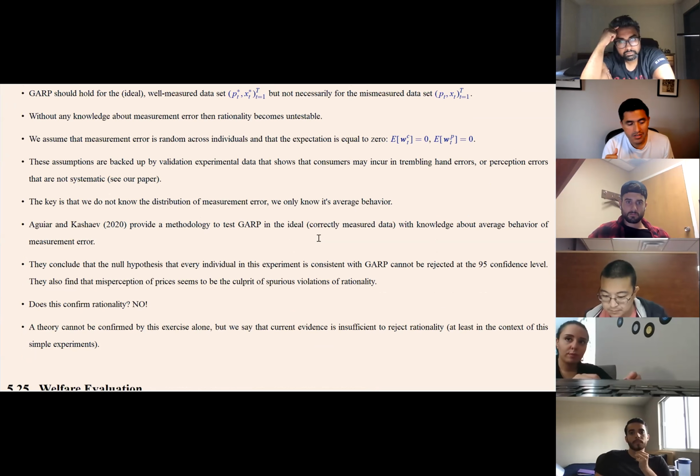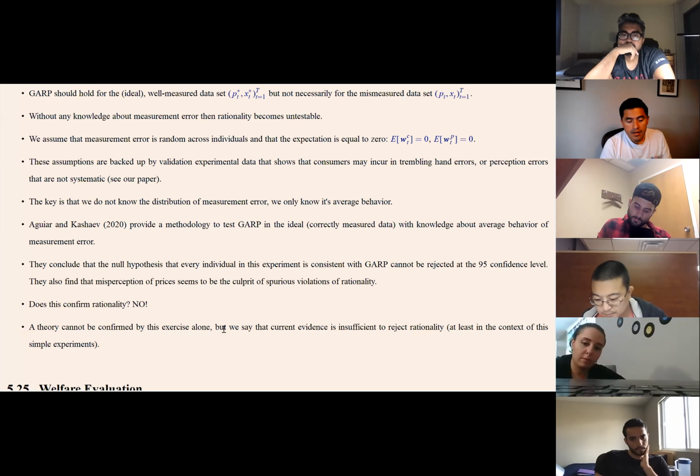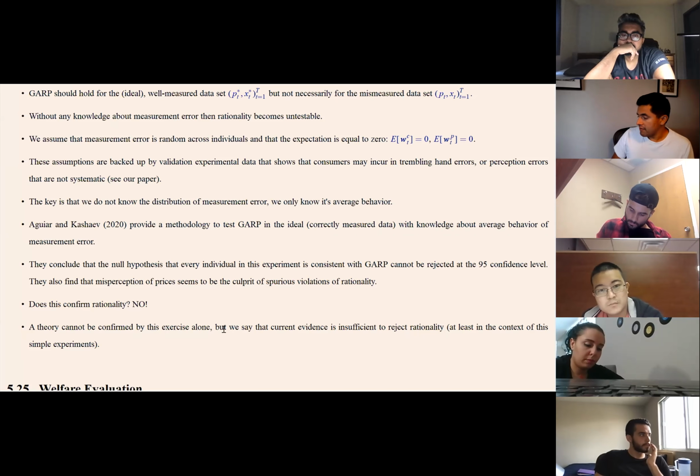So you do a hypothesis test, as in the class with Nail. Okay. So the bottom line, and more important, is that we also find evidence that the main source of measurement error is in fact misperception error in terms of prices. So the fact that you have this graphical representation of the slope is what makes this hard. Okay.